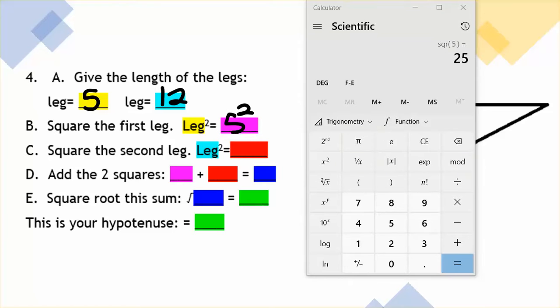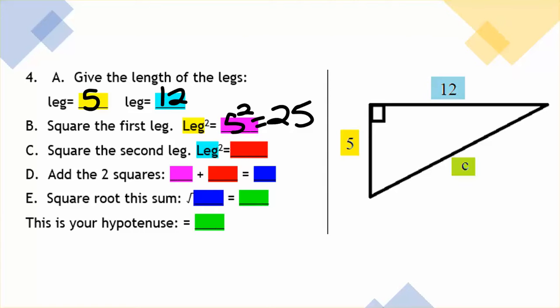So 5 squared equals 25. If you can't find the square key, remember square means multiplying it by itself. So I could also take 5 times 5. Make sure you can find that 5 squared is 25. Step C, square the second leg.